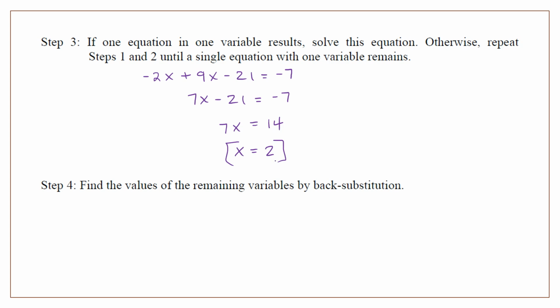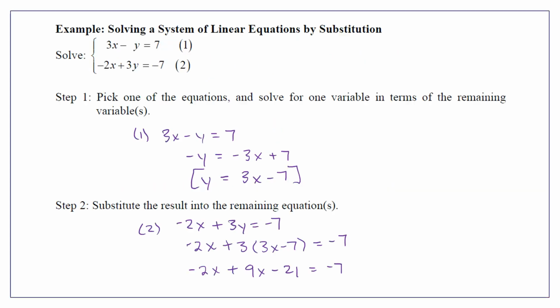Okay. So for step 4, we're going to find the values of the remaining variables by back substitution. So remember, in step number 1, we got our equation for y. So we know y equals 3x minus 7, but this originated from the equation 3x minus y equals 7. So that would be the equation we actually want to use.